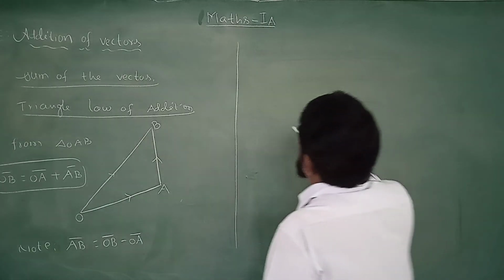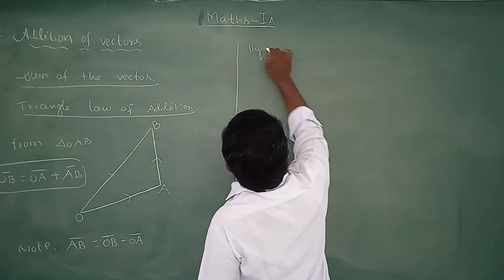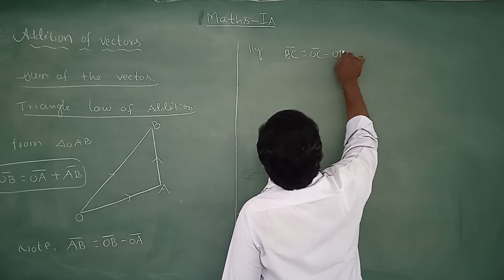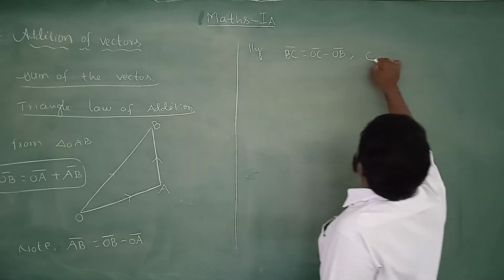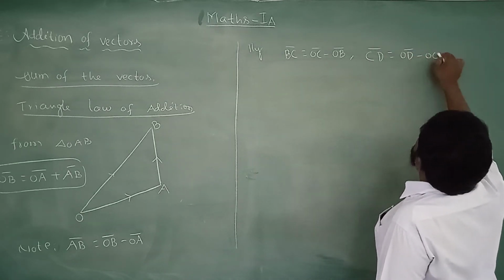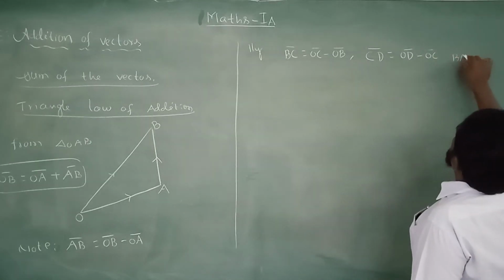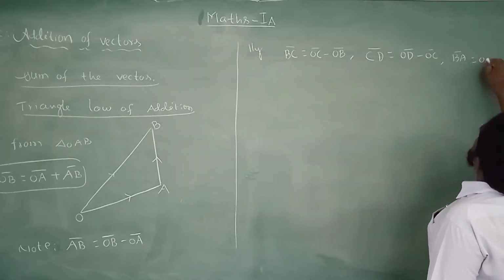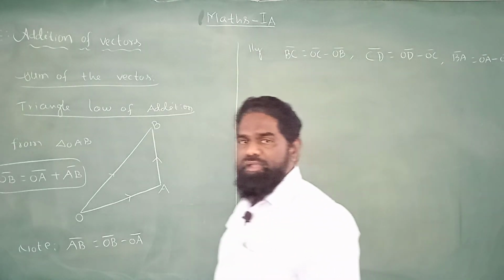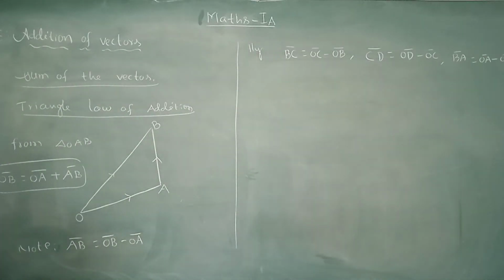In the same way, similarly, we can write BC bar equals OC bar minus OB bar, CD bar equals OD bar minus OC bar, BA bar equals OA bar minus OB bar, and so on. We can write every vector as the difference of two position vectors like this.